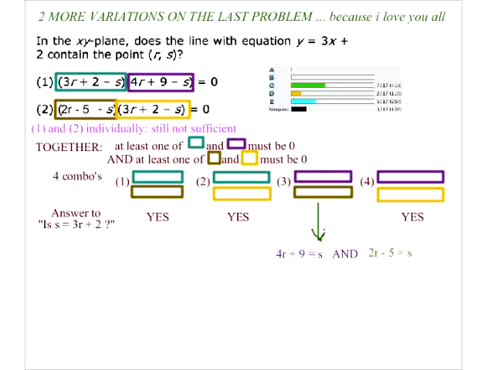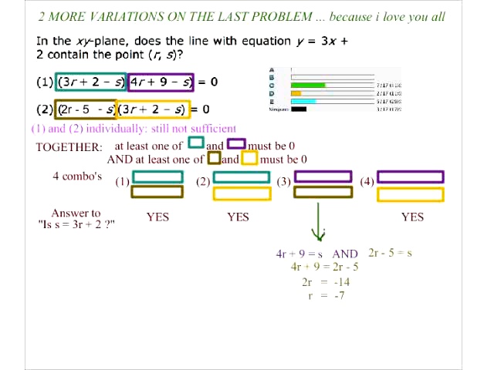They're both equal to S. So 4R plus 9 has to equal 2R minus 5. And so that means that 2R is negative 14. And so this means that R is negative 7. And so you can plug back in. So R and S are negative 7 and negative 19.